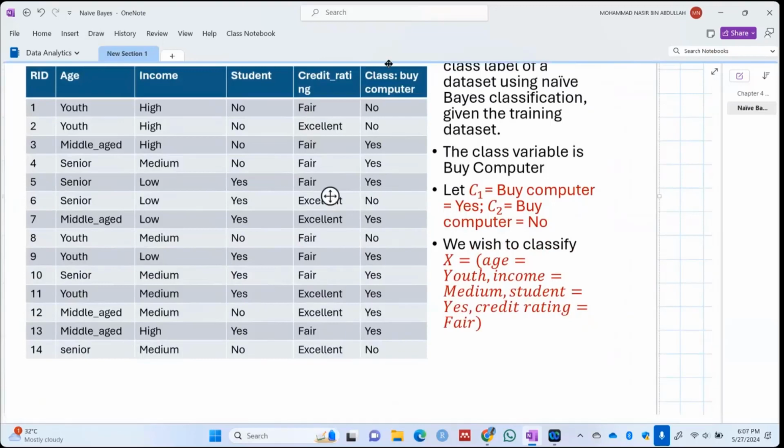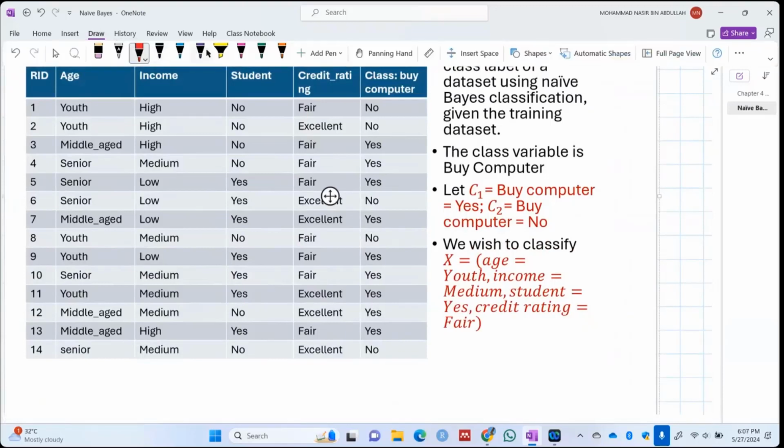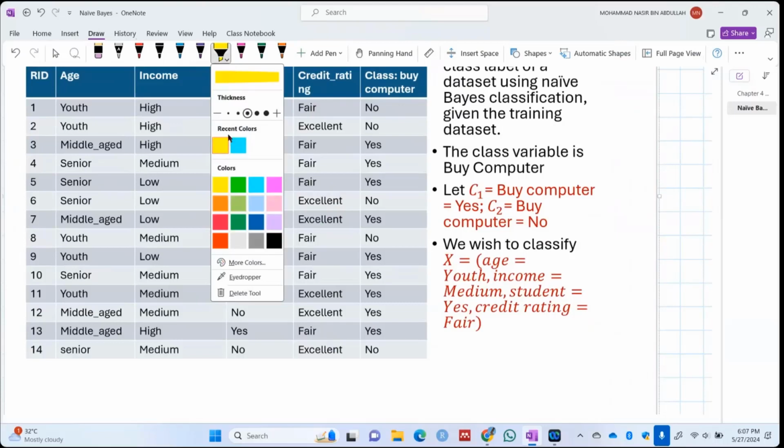We have two labels, either yes or no. We wish to classify age equal to youth, income medium, student yes, credit rating fair. So now, what is the first step? We need to find the class conditional.